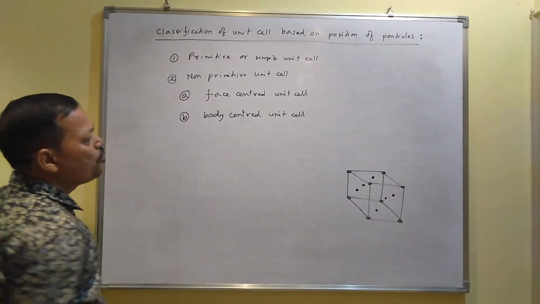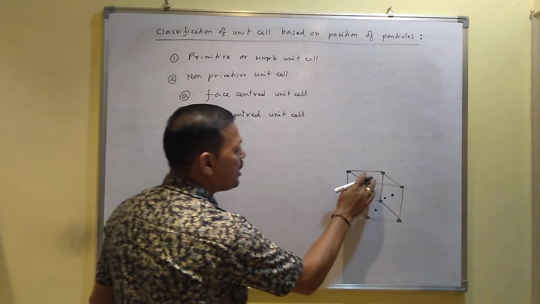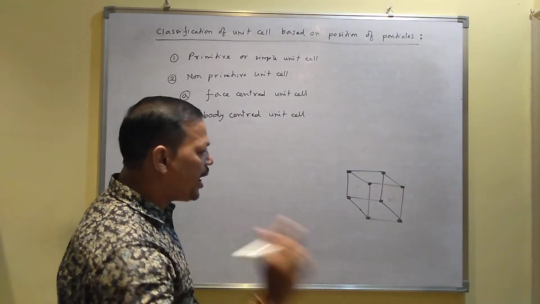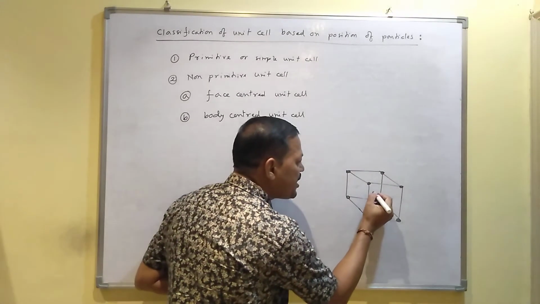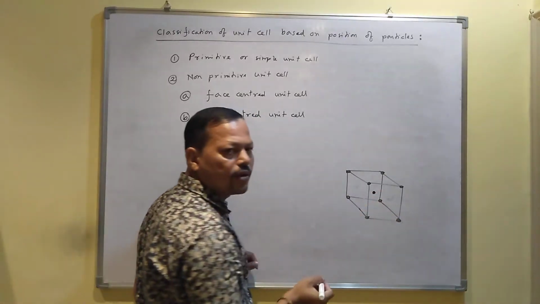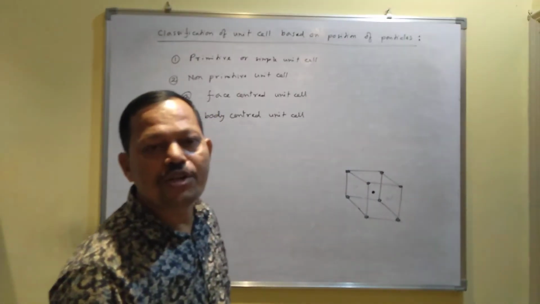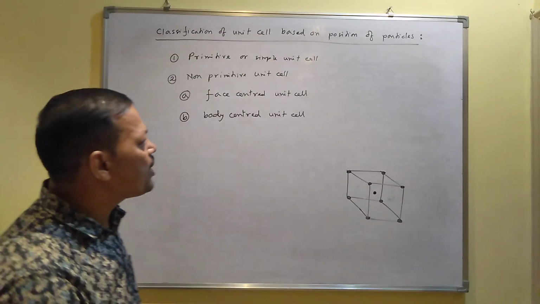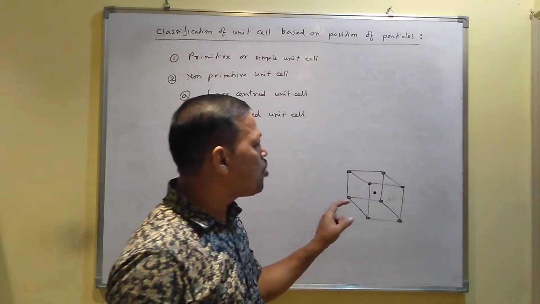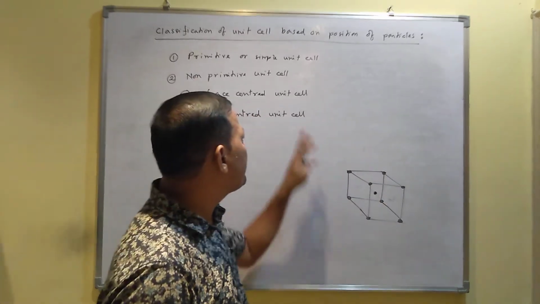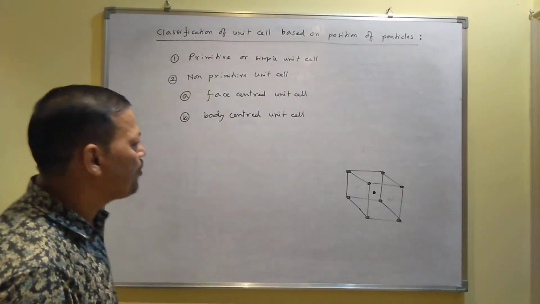It is called body-centered when the particles are present at the corners and one particle is present at the center of the cube, I mean the center of the body. I mean when the particles are present not only at the corners but also at the center of the cube, then it is called body-centered unit cell.